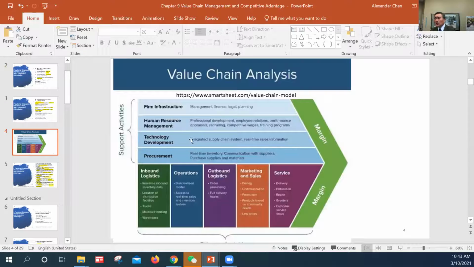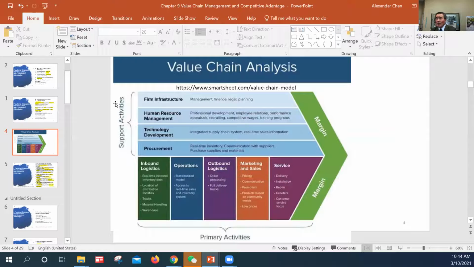In the value chain, we decompose the business process into different tasks and values. Then they connect together to be a value chain. And we have something called primary and something called supportive activities. Primary will be these 5, and supportive will be these 4.